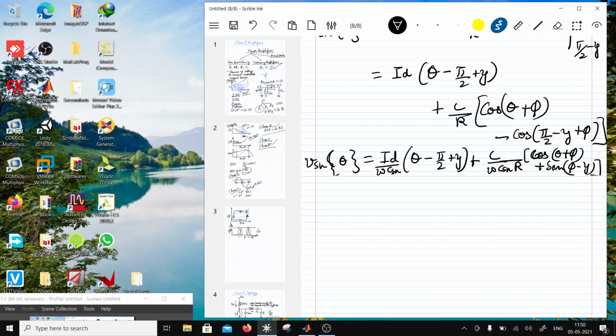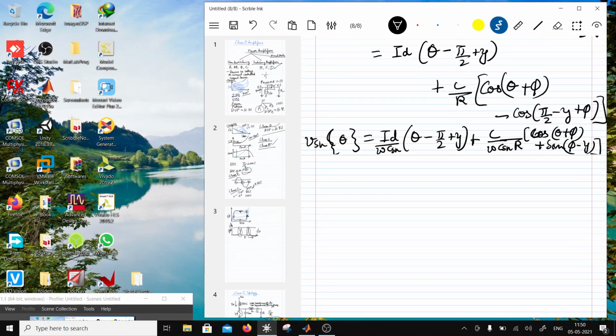So this is going to be my waveform across the capacitor, or rather the drain. Okay, so now let's look at its fundamental component. The fundamental, it will be sine component.